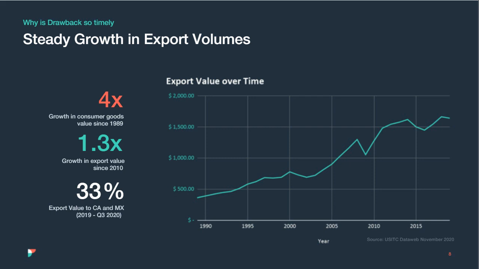Staying within North America, that's troubling from a certain drawback perspective, because if we go back to why drawback was put in place in the first place, it was there to promote manufacturing. But what we're seeing is more of an increase in importing consumer goods, not necessarily raw materials.